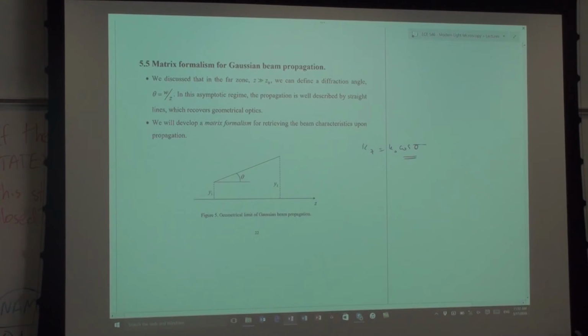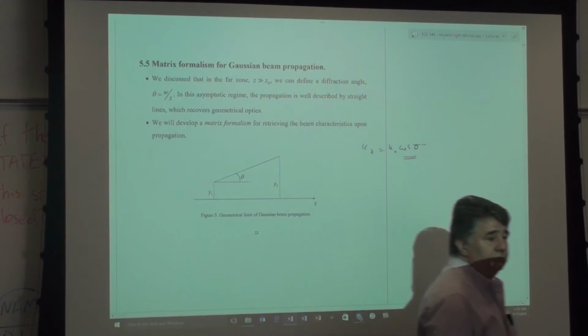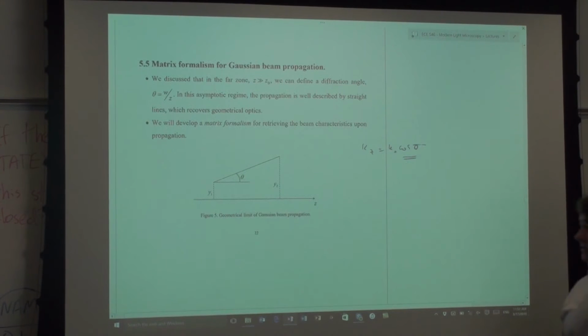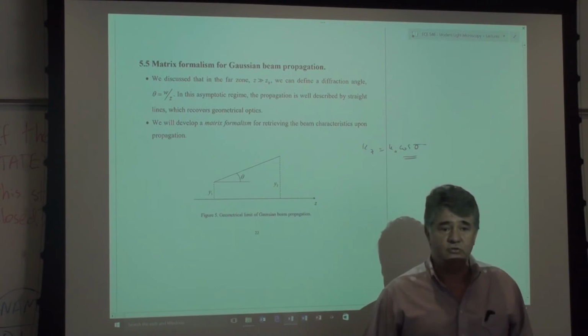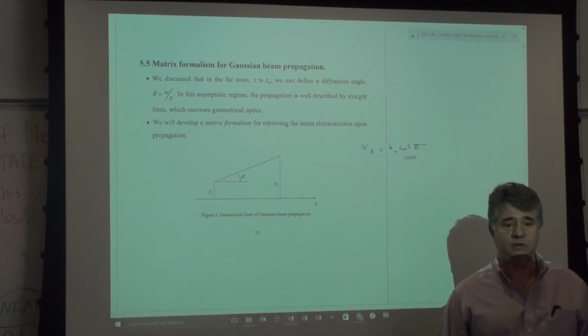Okay? So next, we are going to find a nice way to calculate R and W, the curvature of the beam and the beam waist, through an arbitrary number of lenses, for example. Lenses and free space propagation. So basically, if we know how to propagate light through free space and through lenses, we can make any system that we want. Microscopes, telescopes, anything.